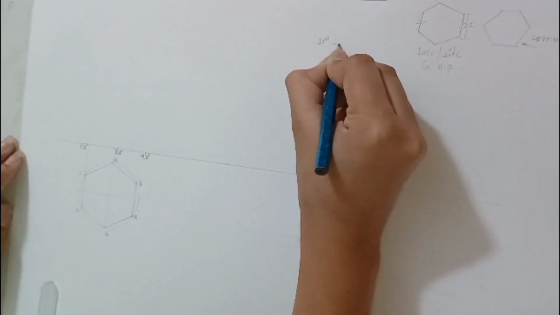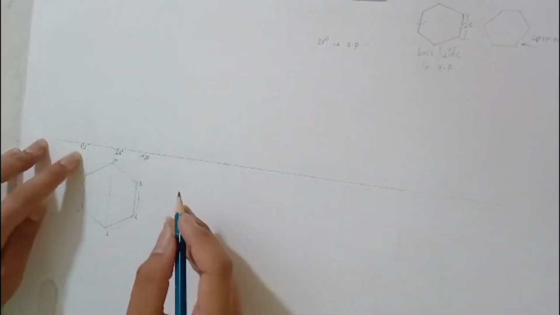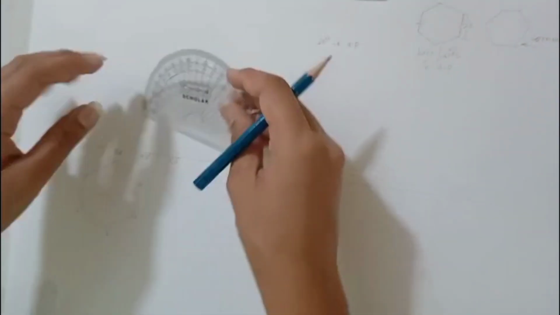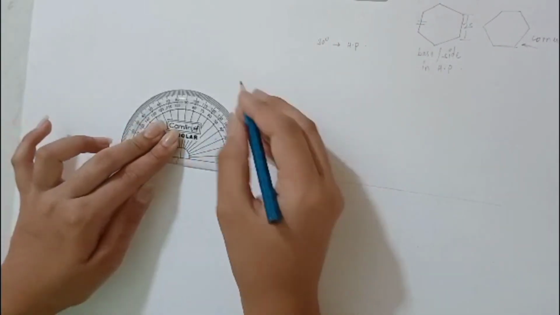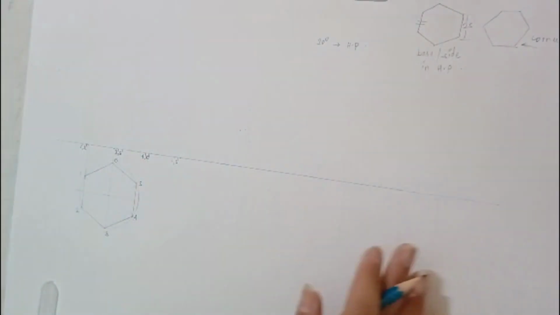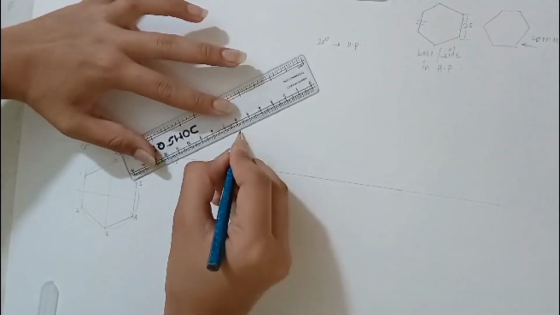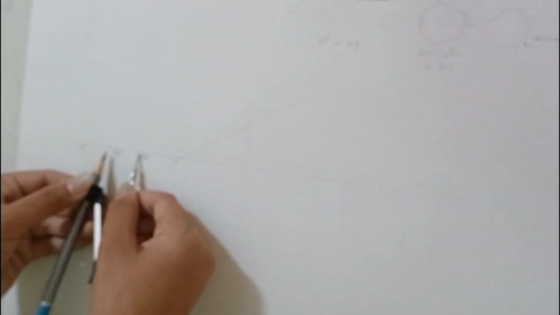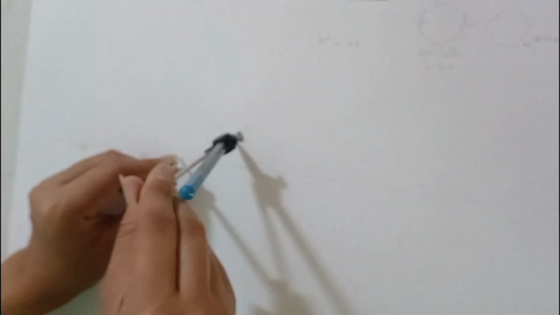Angle of 30 degree with HP, it means that we have to consider the point 1 dash comma 2 dash and make an angle of 30 degree with HP over here. Projecting the points, that is 3 dash comma 6 dash and 4 dash comma 5 dash with the help of a compass.